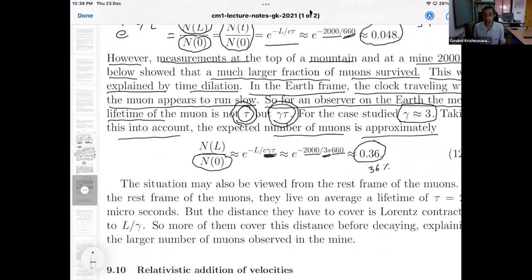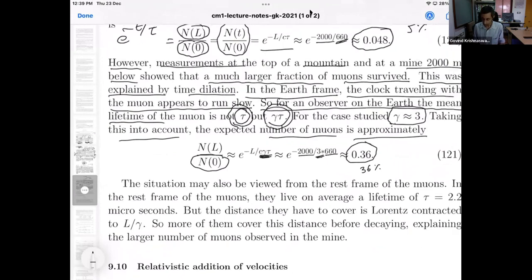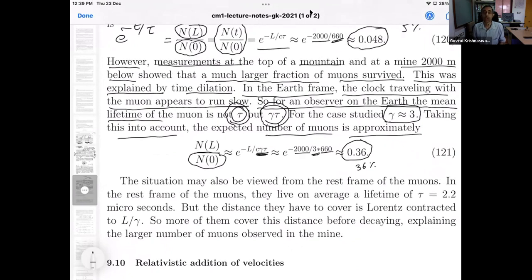You may ask the question, how does the same situation look to the muon? Because we said there is some sort of reciprocity, we have to understand it from the viewpoint of the muon as well.